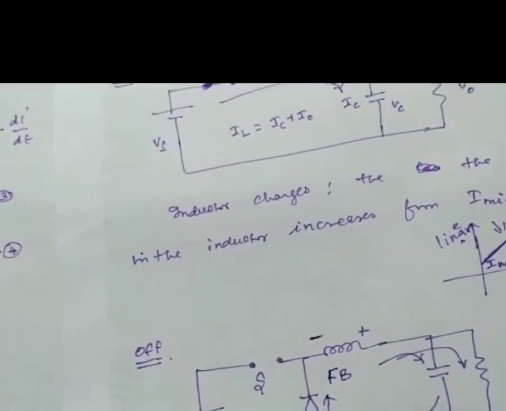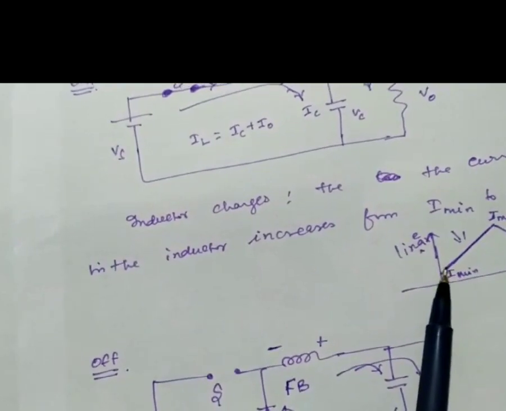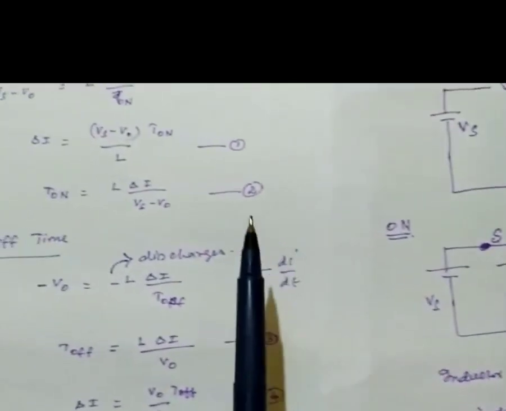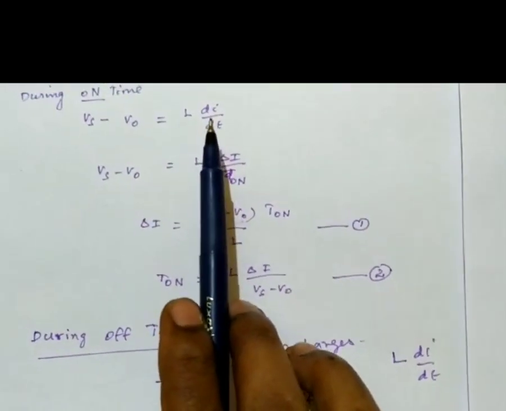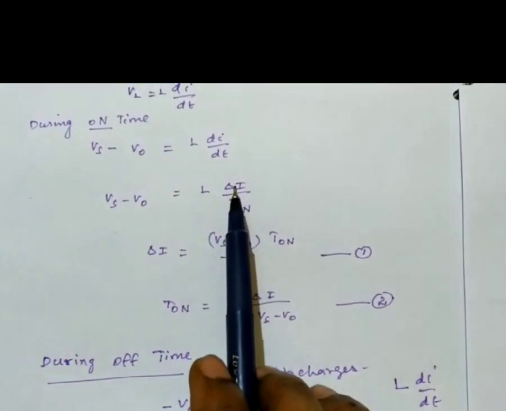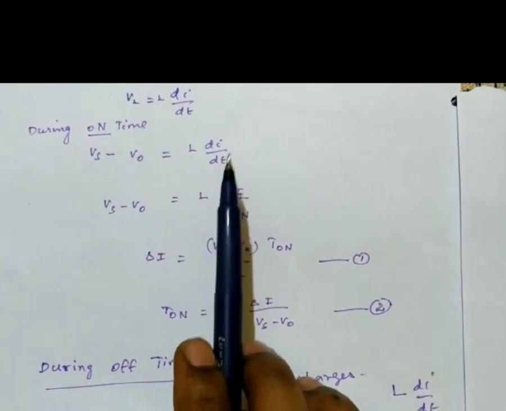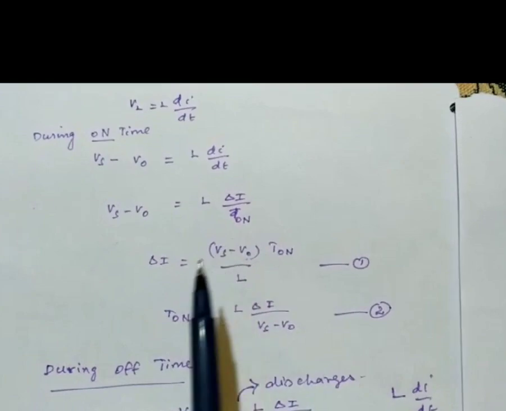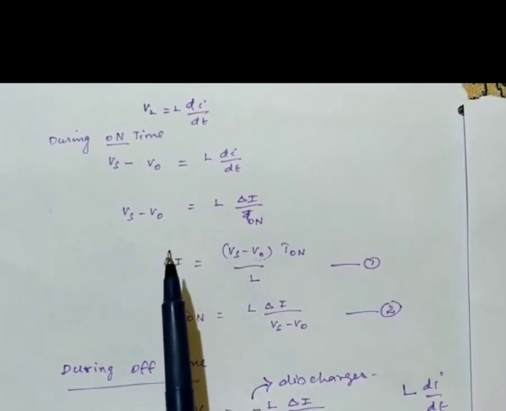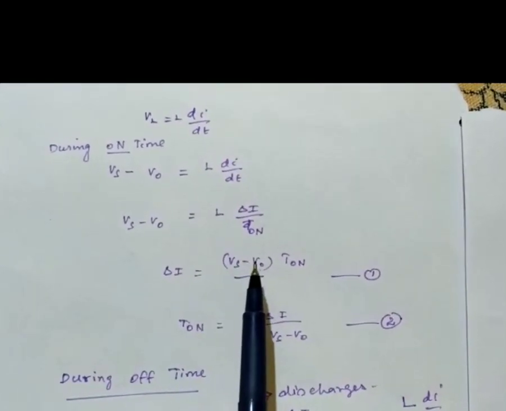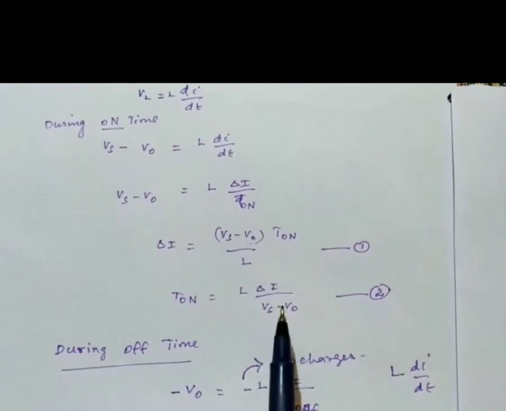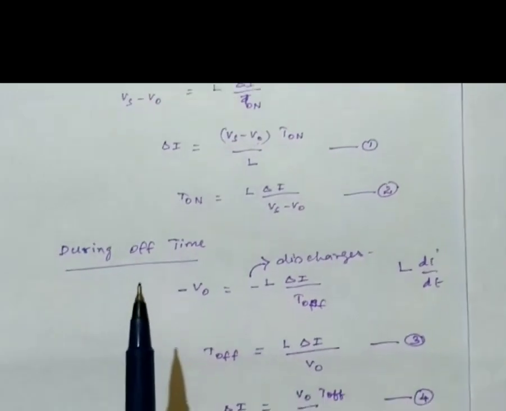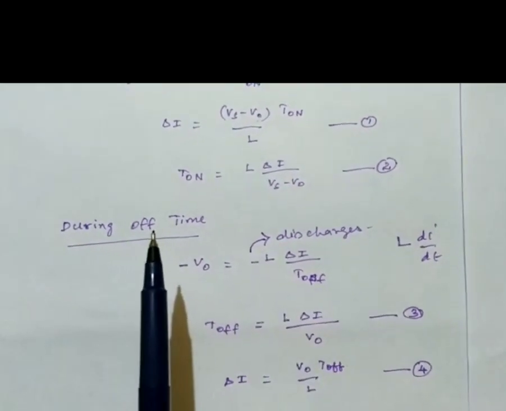During on time the inductor current increases from minimum to maximum. This change in current we define as delta I, and it happens during the time t on. From this we can write delta I and t on. These are equations 1 and 2.